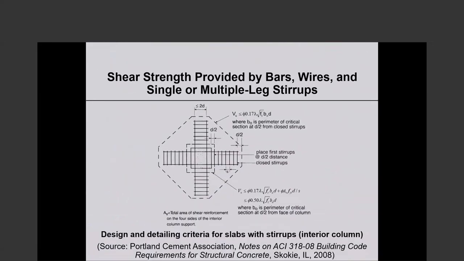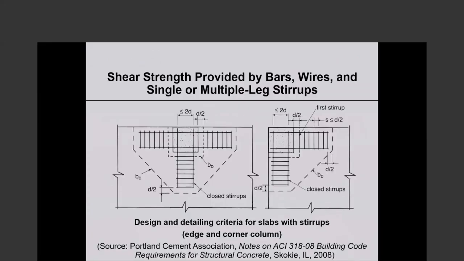Okay, these three figures tell you about the layout, if you like, of conventional shear reinforcement. The first picture is at an interior column, the second picture at an edge column, the third picture at a corner column.